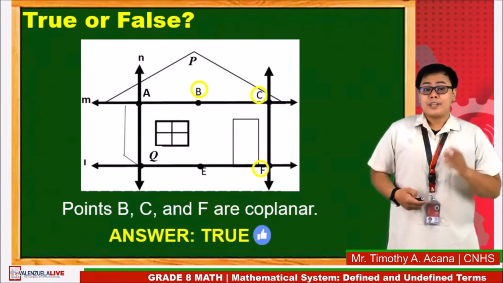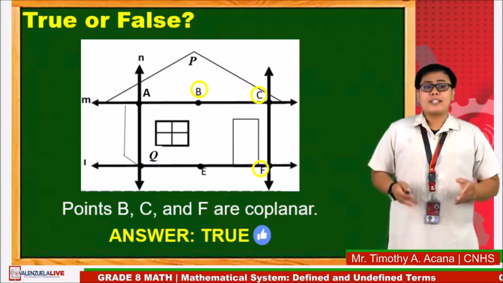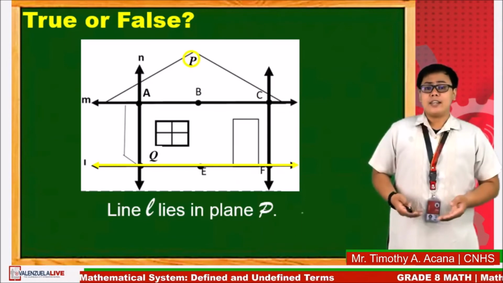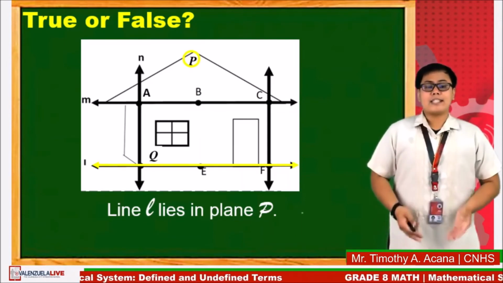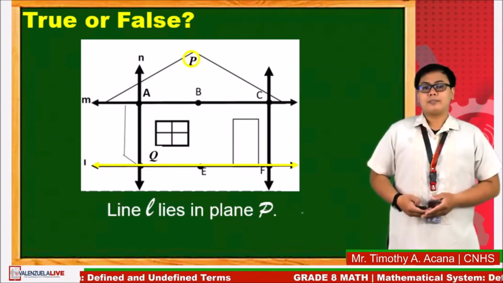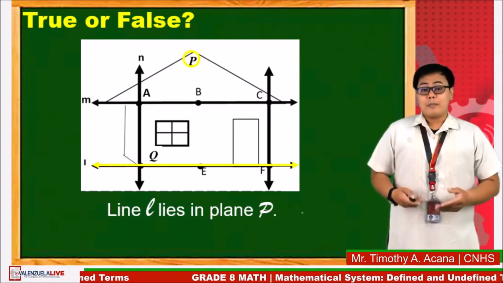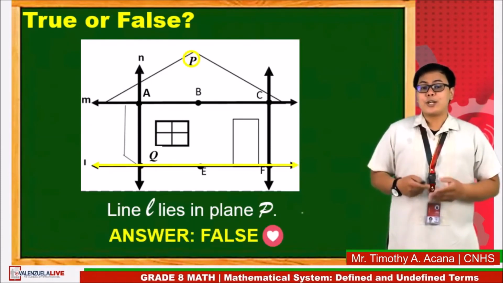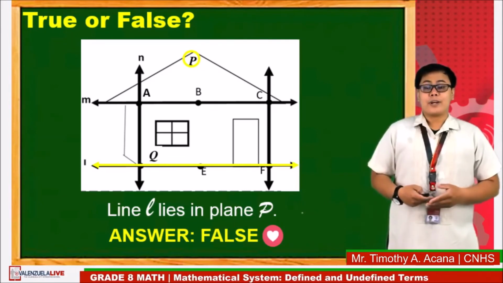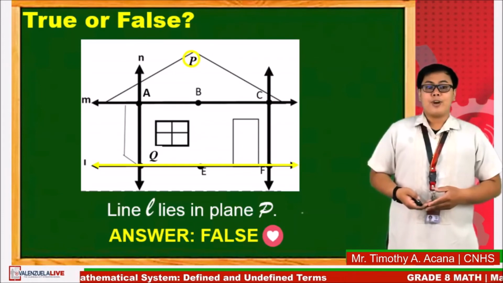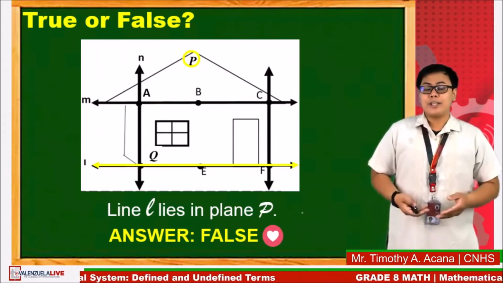Amazing. The answer is true, since they lie on the same plane. Lastly, does line L lie in plane P? Very good. The answer is false, because line L lies in plane Q. Were you able to press the heart react button?